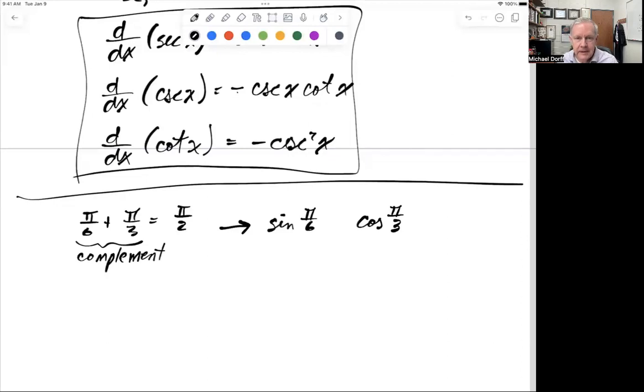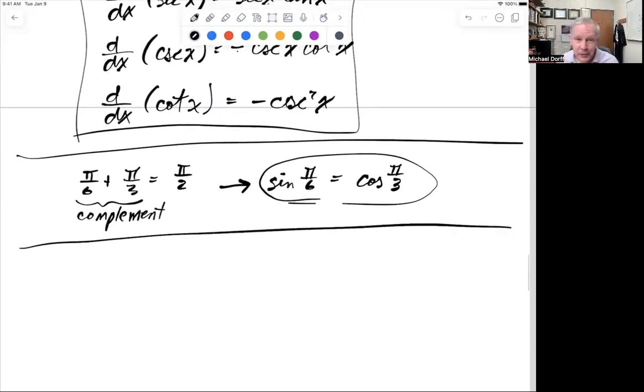So cosine is the complement there, because it has the co in front of it, and these are going to be equal. That works for any trig function and its co-part: if the two angles add up to pi over 2, then they're going to be equal to each other. Just like here, the sine of pi over 6 equals the cosine of pi over 3, because pi over 6 plus pi over 3 equals pi over 2.